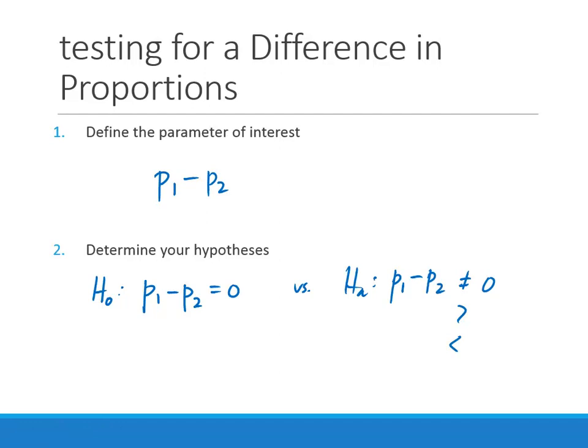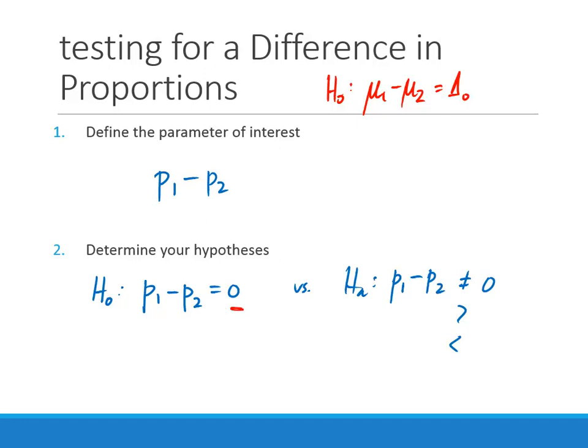And maybe I'll make a quick note that if you remember back to the two sample means test that we were doing, our null hypothesis was that mu1 minus mu2 was equal to some delta 0. That was usually going to be 0, but it could have been something else. But for this case, we will be putting a 0 in there.